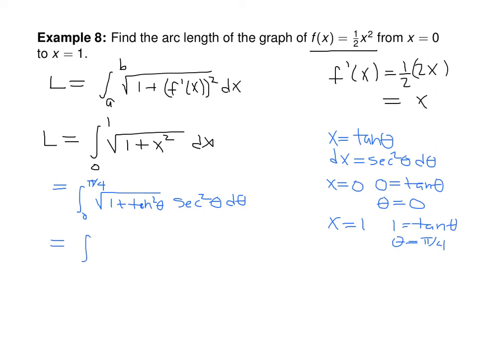So I have the integral from 0 to pi quarters of secant cubed theta d theta. Now it turns out that it is actually pretty tricky to integrate secant cubed theta, so let's do that without bounds on it, I think it'll be a little bit easier.